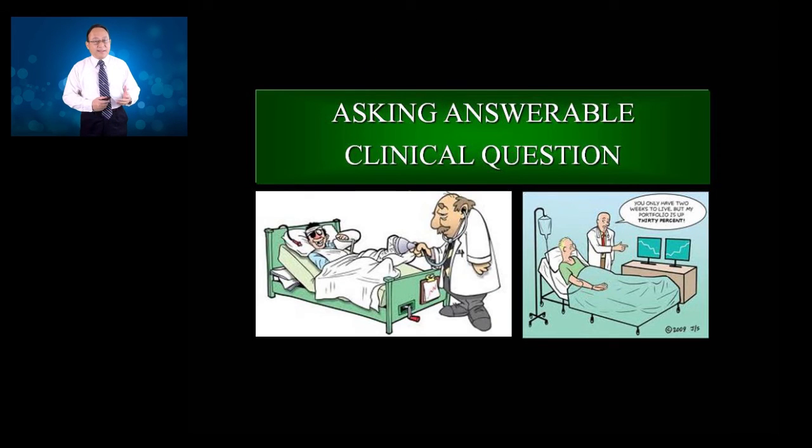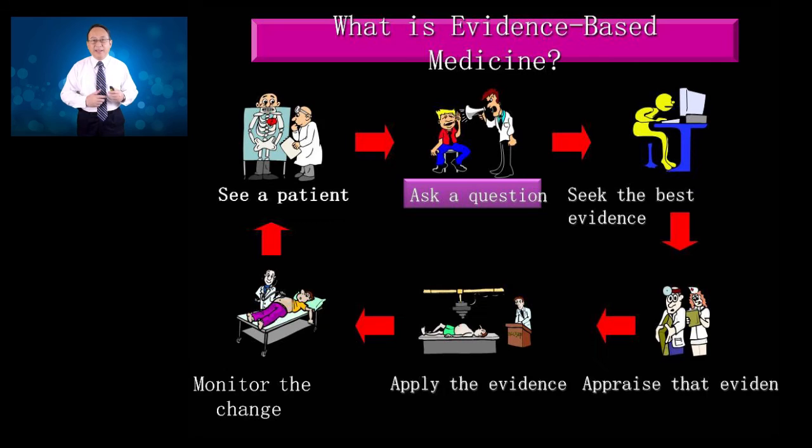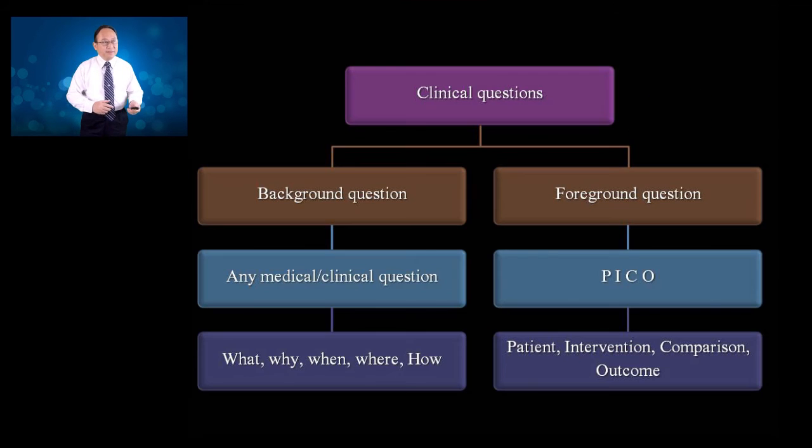Okay, let me discuss asking answerable clinical questions. This is the first step of doing evidence-based medicine. First, we understand the background question and foreground question. Background question means, for instance, you ask a question about what is the etiology of stroke? What are the risk factors for developing heart failure?